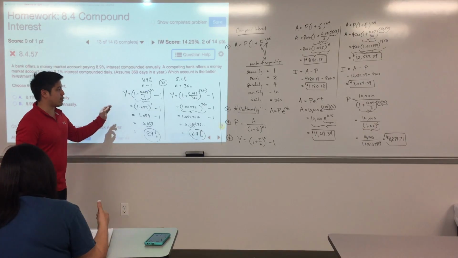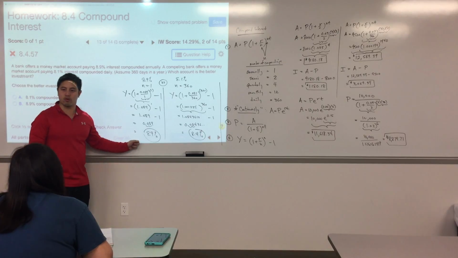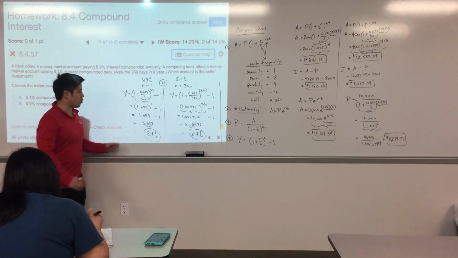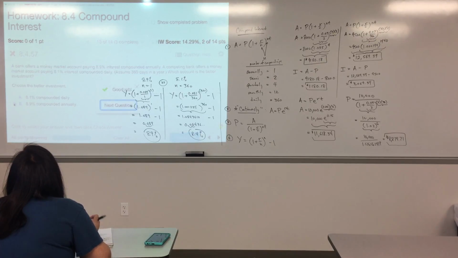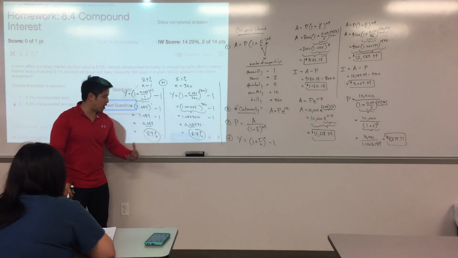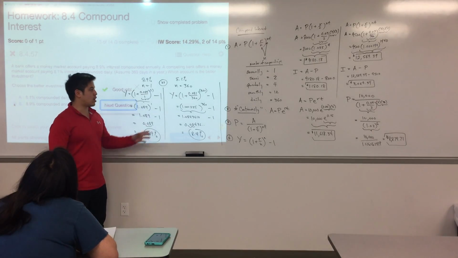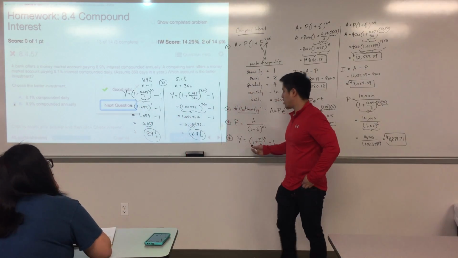Regardless, which one is the better account? The first one, right? Okay, the first one is the better one. The 8.9% annually is the one you want. Because why? The effective rate is higher. So let's understand what happens here. What does effective annual yield, this formula, tell us?